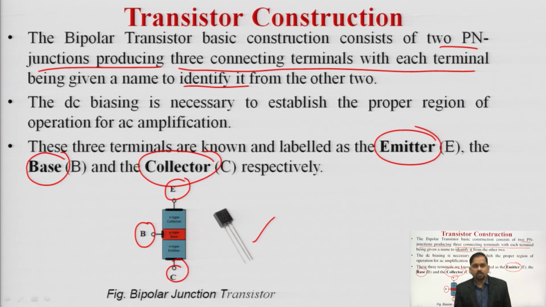Now, after the construction part, we will see what the doping profile is for emitter, base and collector, what the width is, and what the area is corresponding to these particular terminals. Before that, the biasing, meaning the battery which is DC biasing, is required basically to establish the proper region of operation for the AC amplification, because our basic concern is that the amplification should be performed by the transistor.